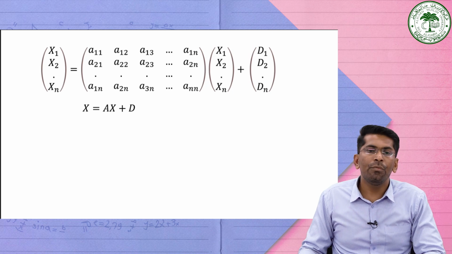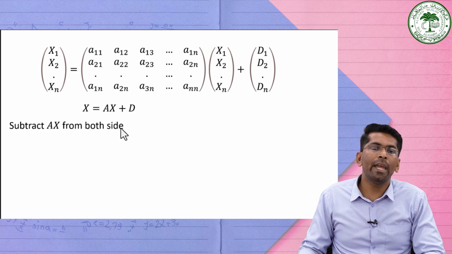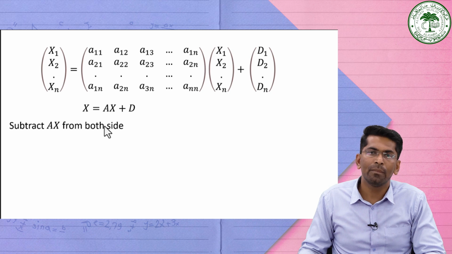Now if you subtract AX from both sides, this equation will become X minus AX, which is equal to D. Here AX minus AX will cancel out, and minus AX will be added. So it is X minus AX, which is equal to D.